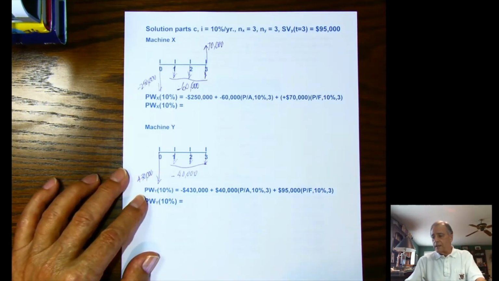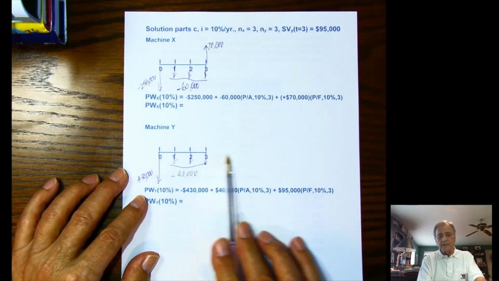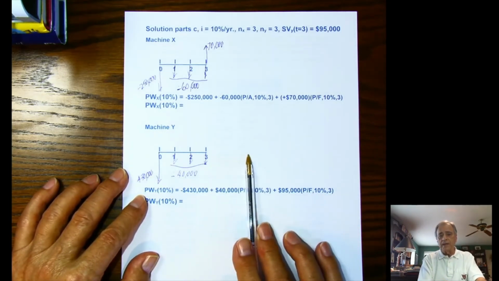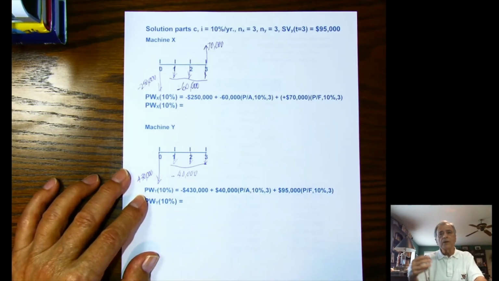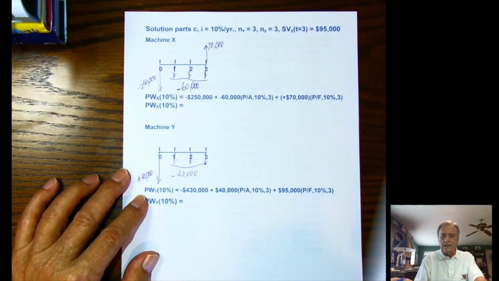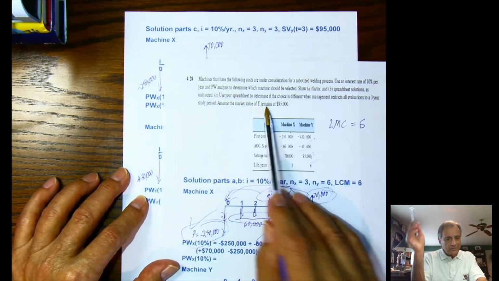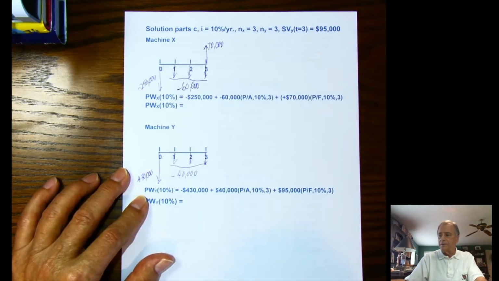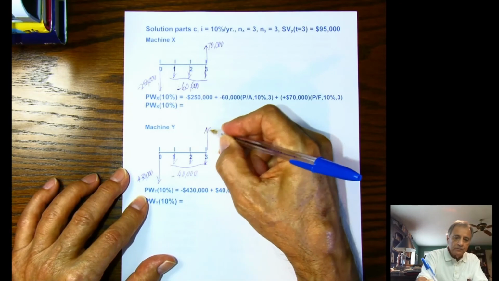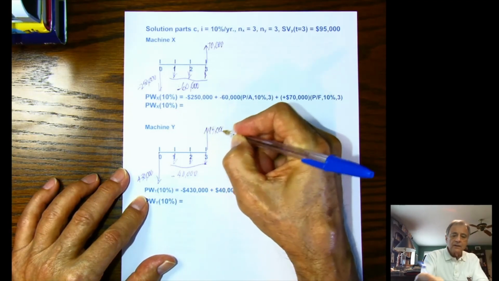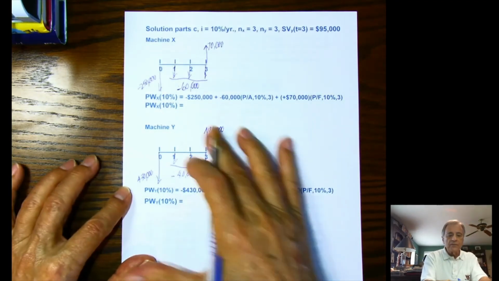And then he's saying a lot of times when you cut it off and the machine has a significant life length remaining, the salvage value will be more than what he estimated at 6 years. But in this case, he says estimate 95,000 no matter what. So we're going to put the 95,000 here, and we'll find the present worth of that cash flow.